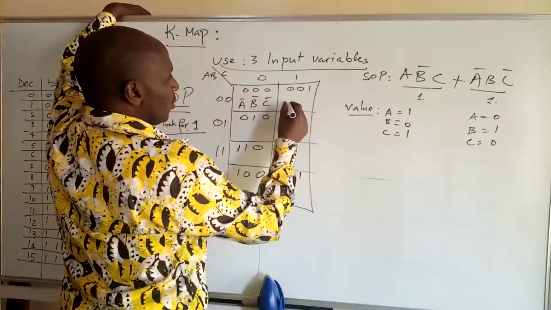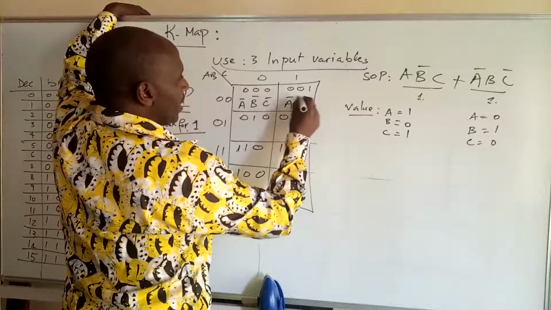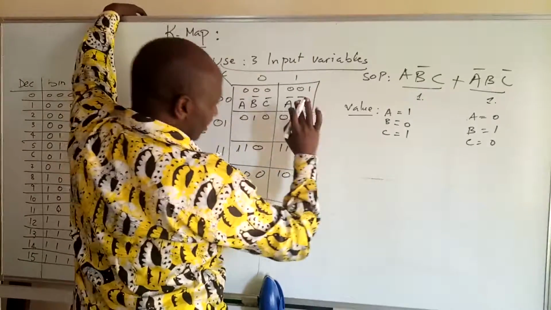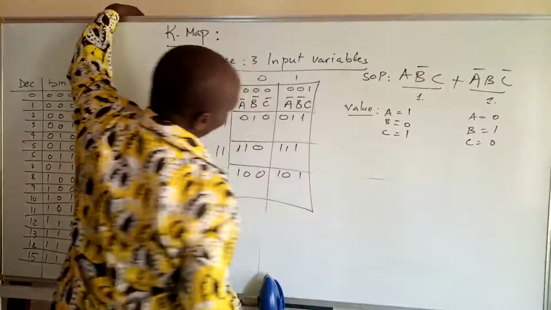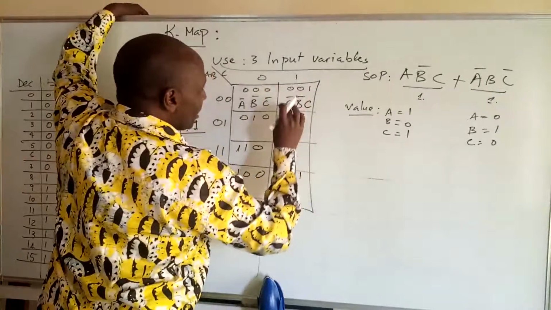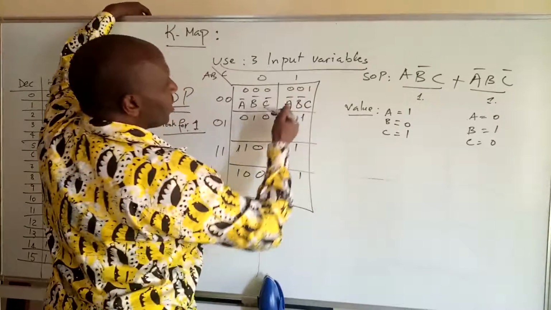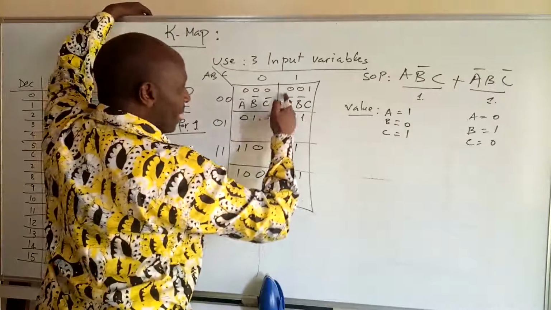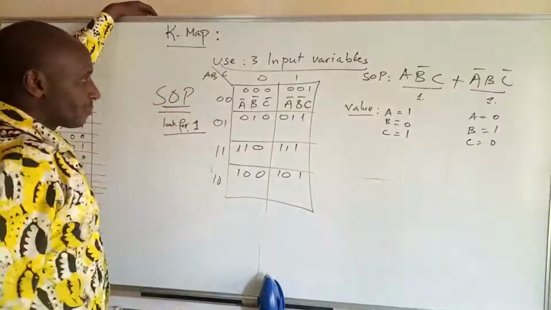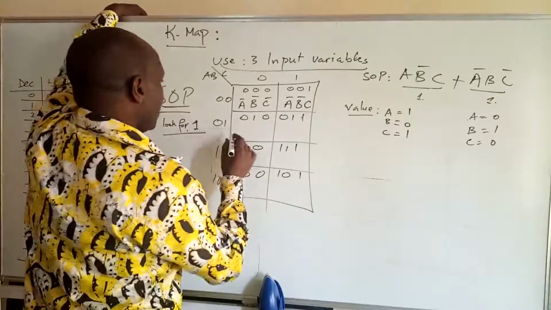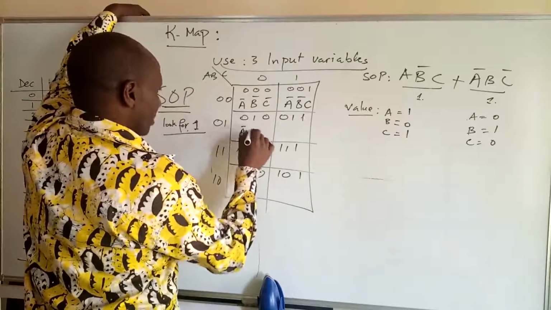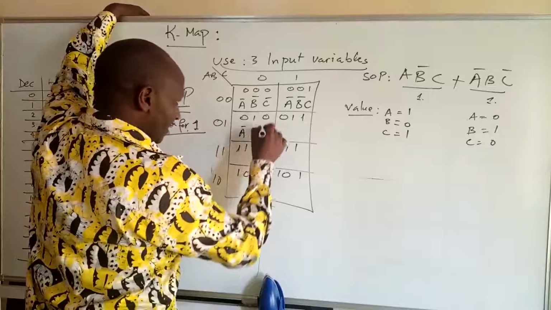Let's continue. A bar, B bar, C. C, because we want a 1. If you want a 1 from a 0, you have to put the bar. You will have a 1. Now, what is the value here? A bar, B, and C bar.